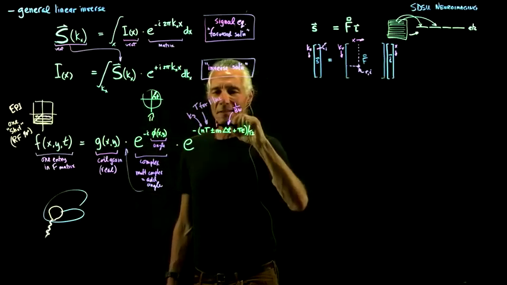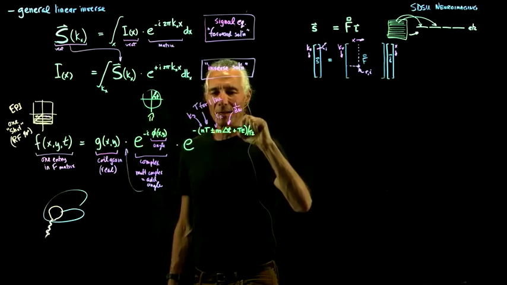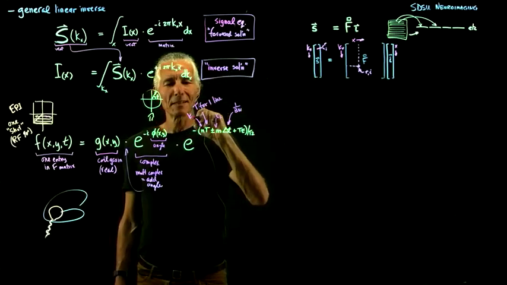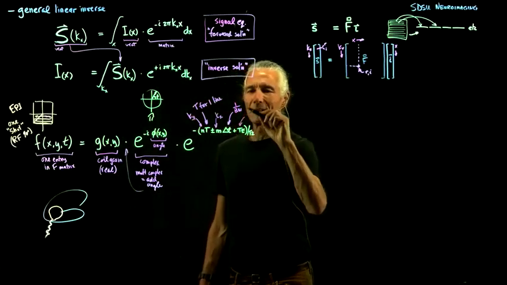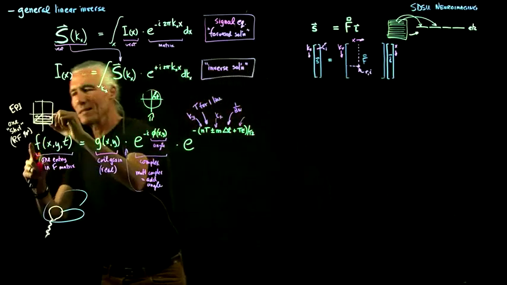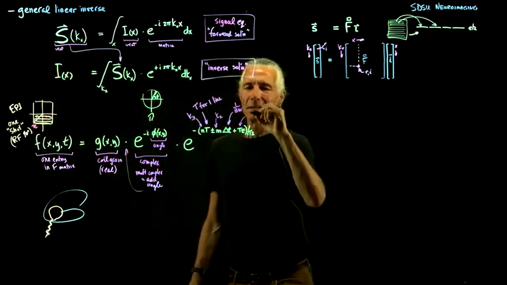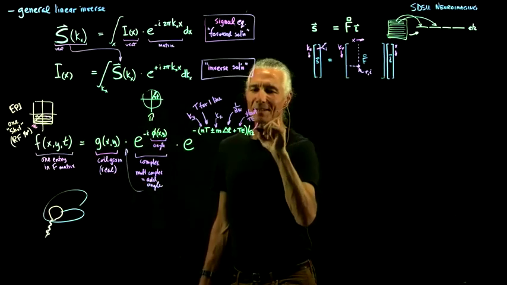This guy is sort of the KX, and that's how much time there is between each successive sample. And this is like the TE when we first start down here, the starting TE.